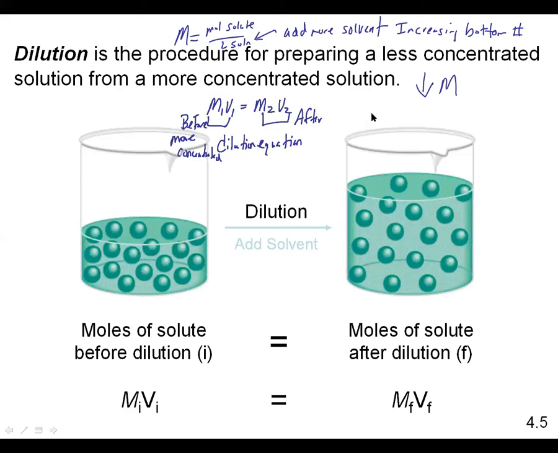Now, when you use this equation, volume actually can be in milliliters. It's okay, as long as it's in milliliters on both sides. Or, it could be in liters. You could do it either way. And M is obviously usually molarity.